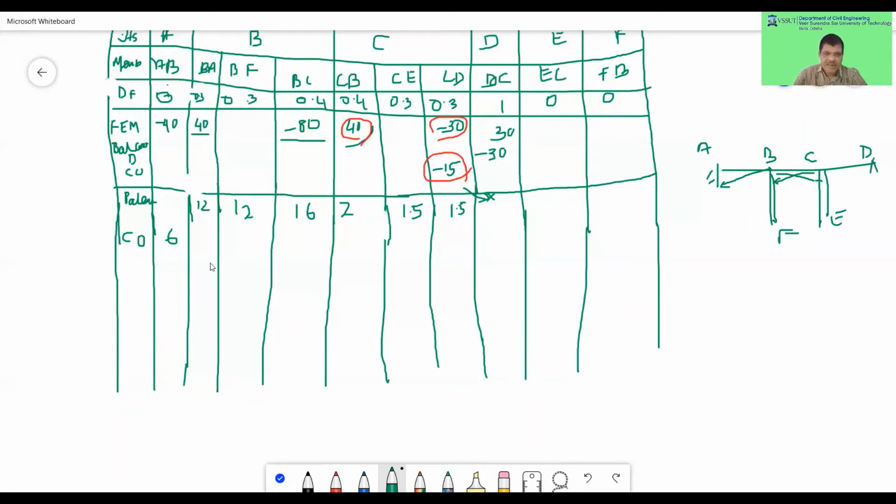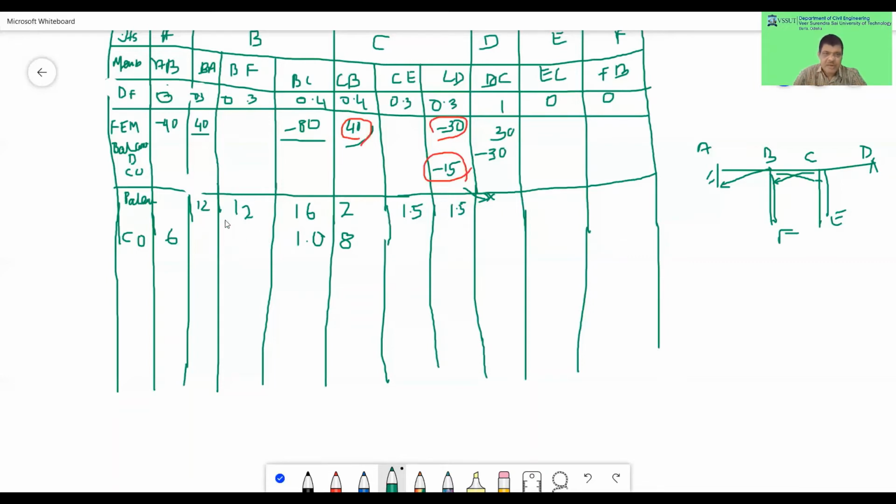Let us transfer accordingly. Now 6 will come here. 1 will come to BC, so it will be 1 here. Then 16 means 8 will come here.